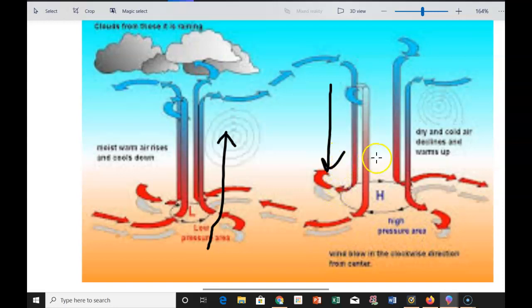And this rotation around a high, again, will always flow into low pressure. So when you think of the characteristics, low pressure: rising air, cloud formation, precipitation, and counterclockwise rotation. When you have a high pressure, the air is sinking, no cloud formation, and you have a rotation that is clockwise. So remember that when you start talking about high and low pressure areas.